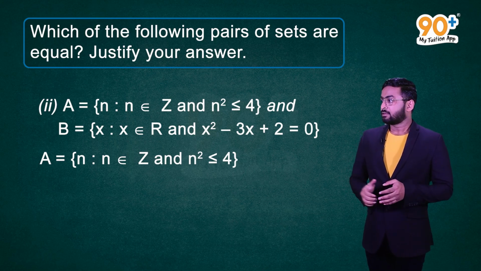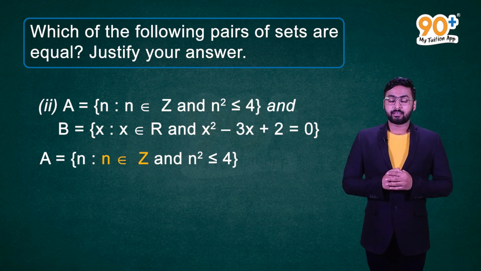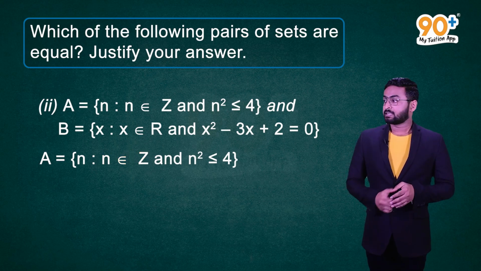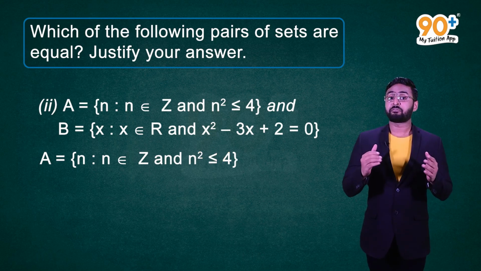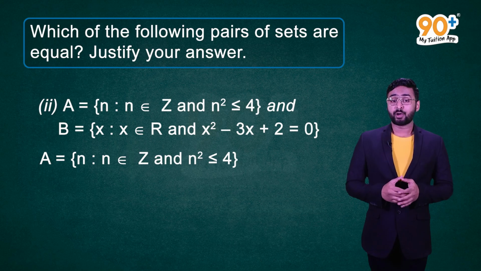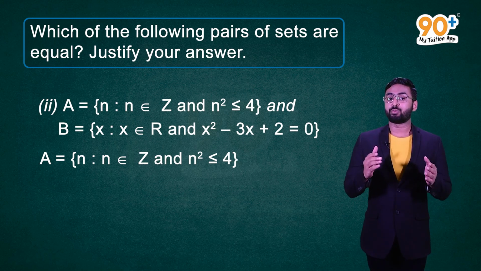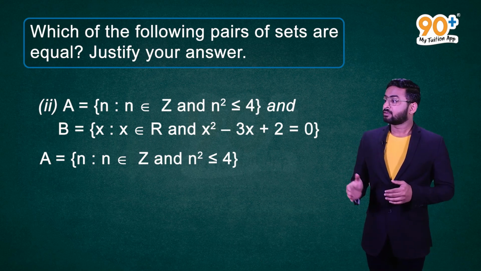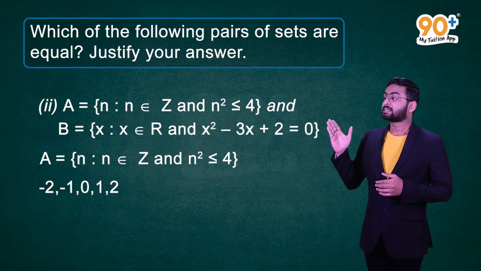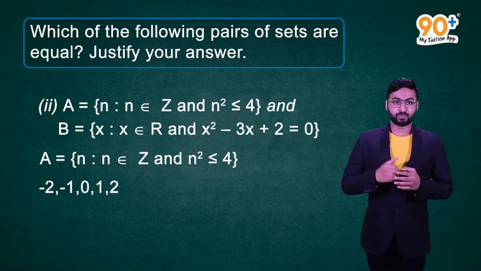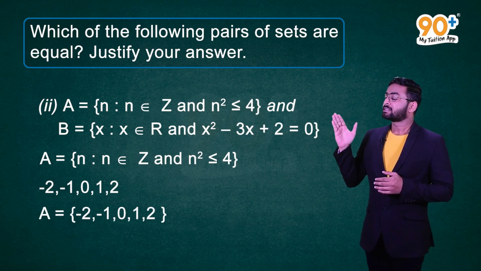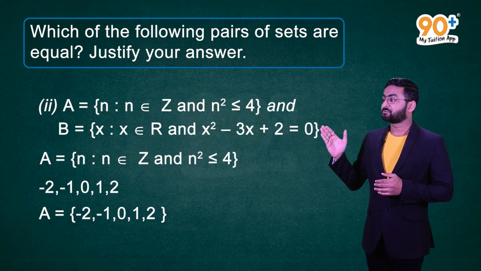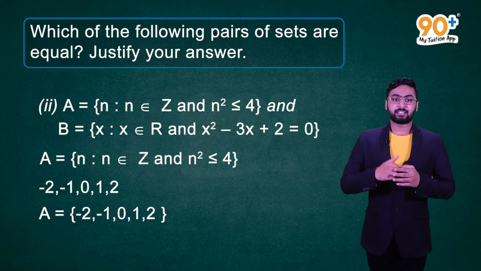We can see that the condition given here is n belongs to the set of integers and the square of n is less than or equal to 4. So, in the set of integers, what are those numbers whose squares are less than or equal to 4? They are minus 2, minus 1, 0, 1 and 2. So we can write A is equal to set of minus 2, minus 1, 0, 1 and 2.